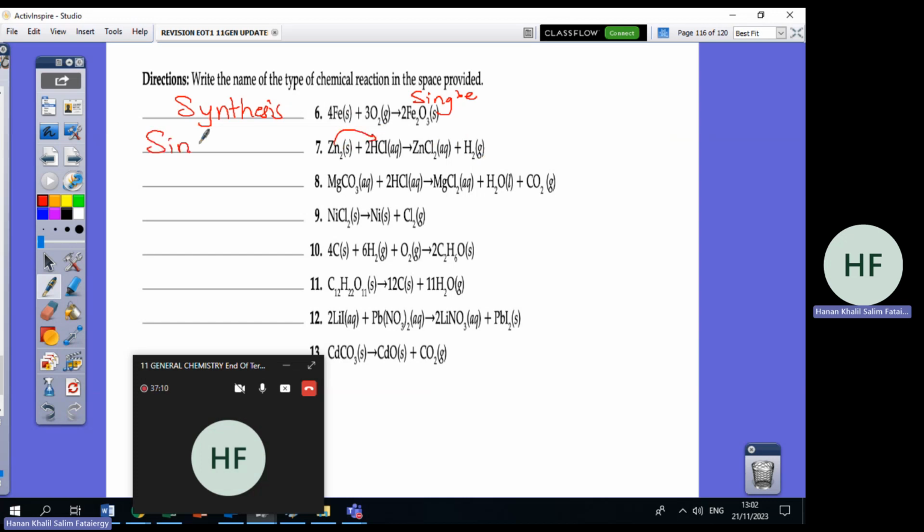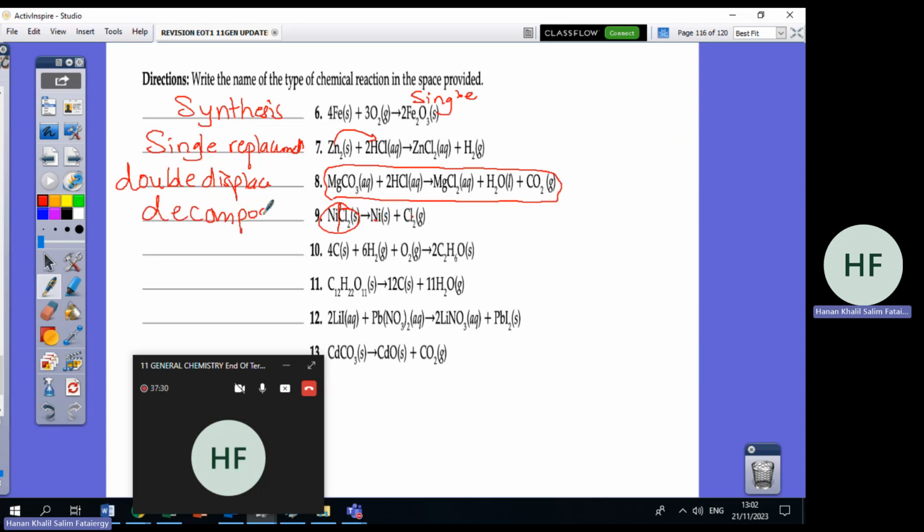So this is single replacement. اوكي هون MgCO. لما تشوفوا رياكشن كبير دائما فكروا انه هذا double displacement. اوكي هون عندي one reactant and I destroy it into two products. So this is destroy decomposition. I have oxygen, so this is combustion.